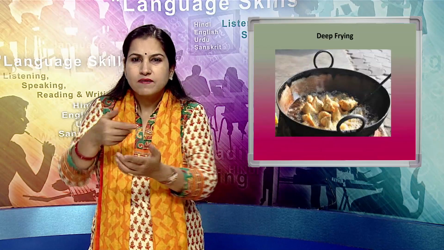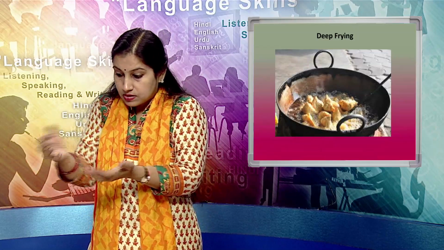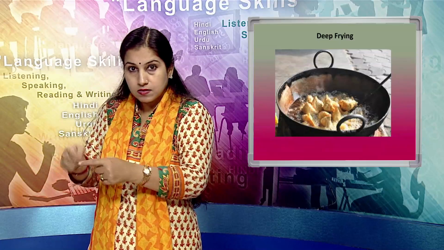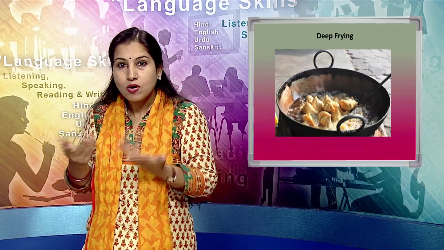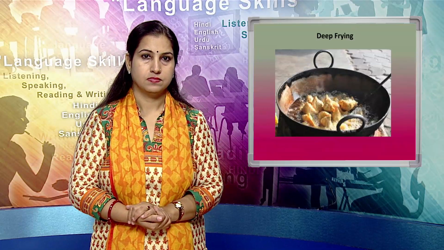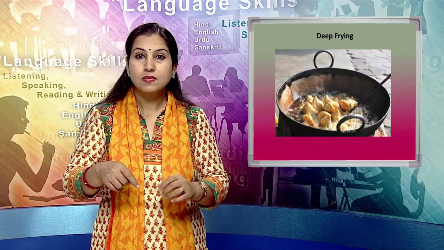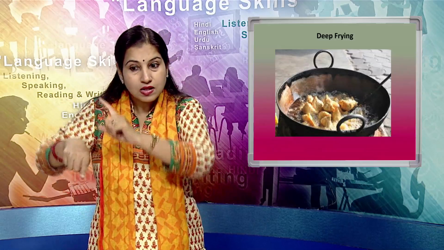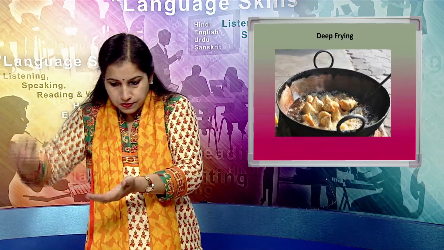Just fried food should be placed on a clean, absorbent kitchen napkin or brown paper. Remove the leftover from the oil to avoid burning of the next batch and spoilage of fat.